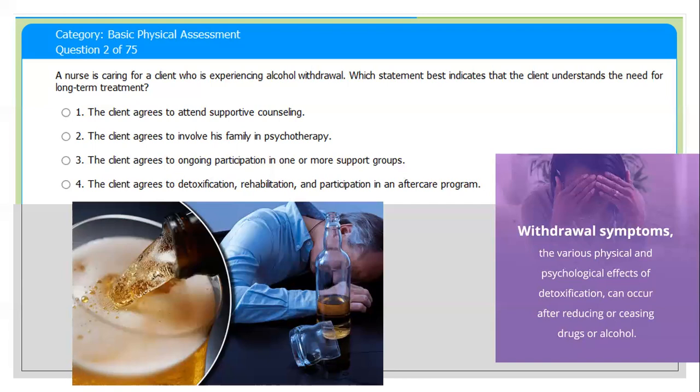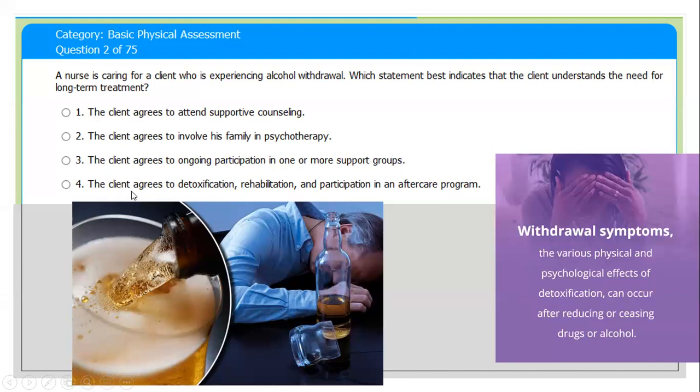There are four options. Number 1, the client agrees to attend supportive counseling. Number 2, the client agrees to involve his family in psychotherapy. Number 3, the client agrees to ongoing participation in one or more support groups.